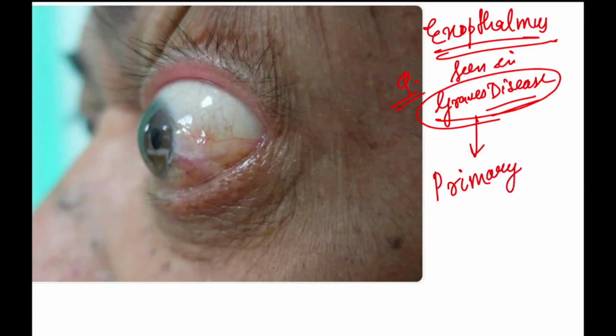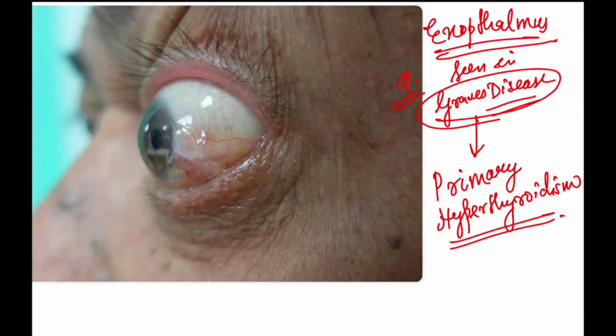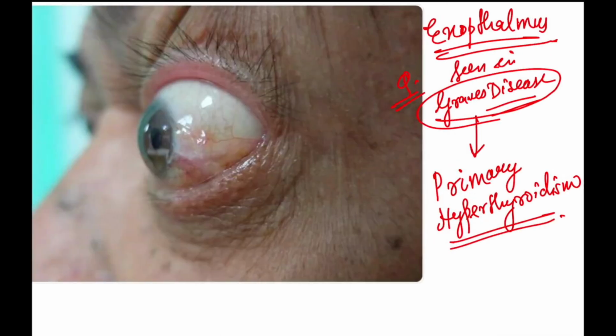What is Graves' disease? Graves' disease is a feature of primary hyperthyroidism. Let's quickly review. The exophthalmos is seen in Graves' disease, an autoimmune disorder in which the tissues behind the eye are pushed so that the eyeball protrudes out.